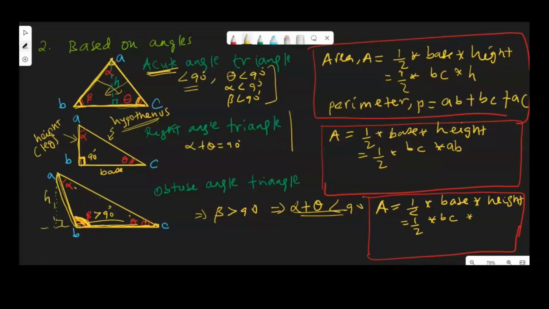So that is H. So in an obtuse angle triangle, the height can be drawn from outside, because it's an obtuse angle which is greater than 90 degrees. The vertex is leaning towards the outside of the triangle, so we have to draw a straight line from the vertex all the way down to the base. That's the height of the triangle.